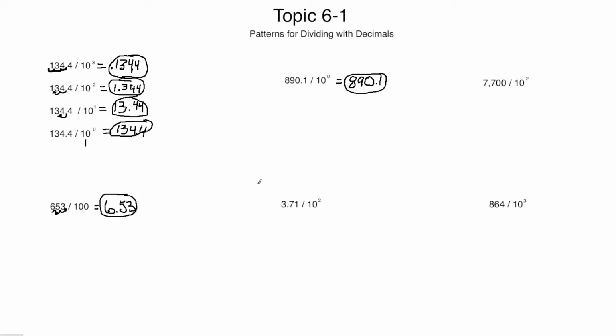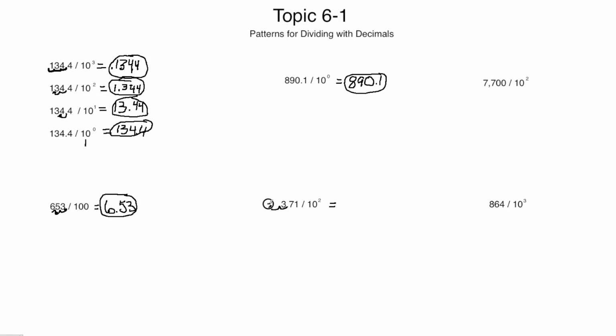All right, let's go to 3 and 71/100 divided by 10 to the 2nd power. Go ahead and stop and solve it. Okay, so we're dividing it by 100 or 10 to the 2nd power. 2 zeros, or this 2 means 2 butt cheeks. We're dividing to the left. 1, 2.